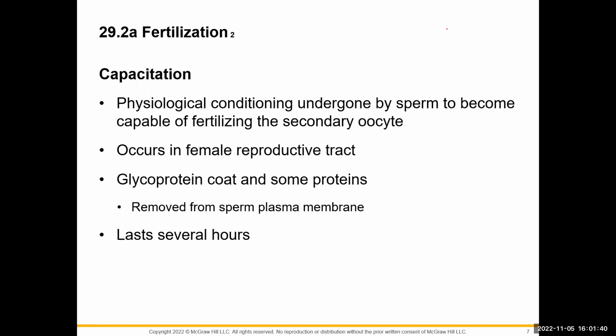So we're exposing the plasma membrane of the sperm. Then when fertilization is occurring, where the sperm are trying to penetrate the secondary oocyte's outer layers of the zona pellucida and the corona radiata, they can actually get the nucleus of the sperm into the secondary oocyte. This process of capacitation takes a couple hours.